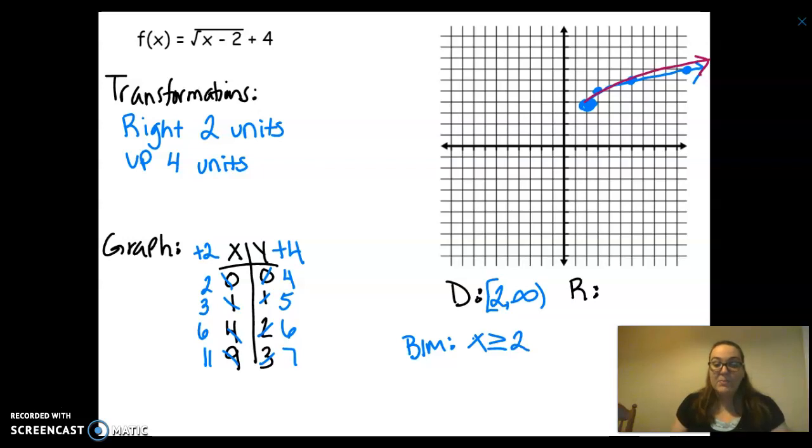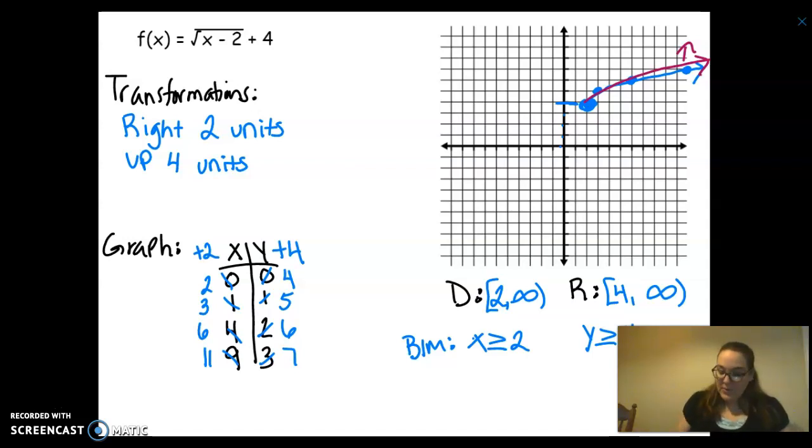As the graph continues moving to the right, it's also going to continue moving upwards, which is why the range starts at 4 and heads to infinity. Remember, that means your y values are greater than or equal to 4.